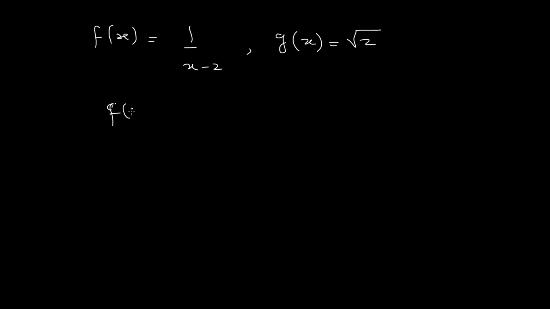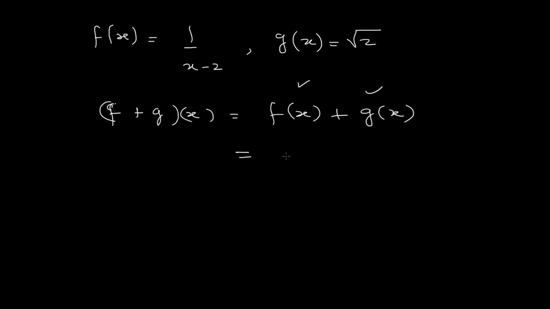So we said that this is the same as, let me write it. So we said that if it's like this, okay, it is the same as f of x plus g of x. So by now you should have gone through the theory and known what is going on here. So we're actually going to add now, because you always need this form here that shows you the operation itself.